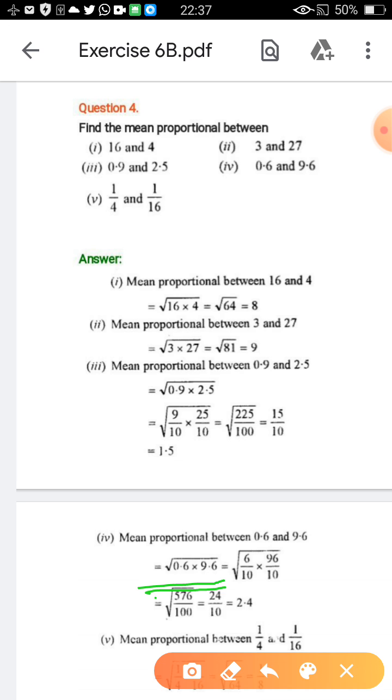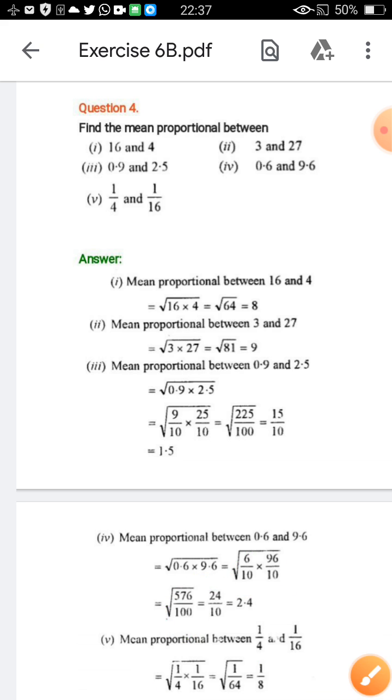I have removed the decimal point, so I have written 6 upon 10 and 96 upon 10. Then multiply 6 into 96, which will be 576. 10 into 10 will be 100. 576 upon 100. After taking the square root, I got the answer.